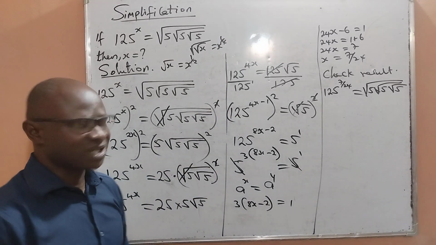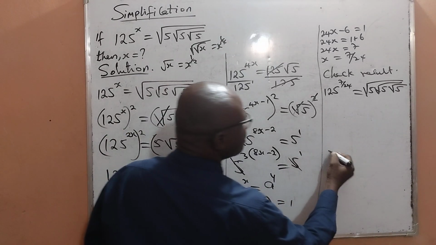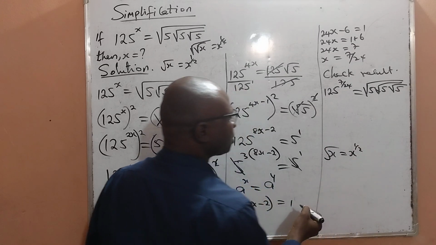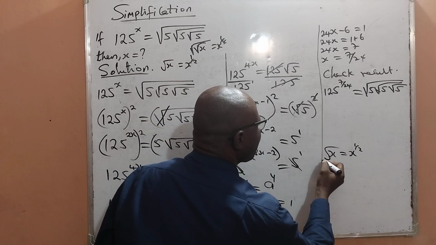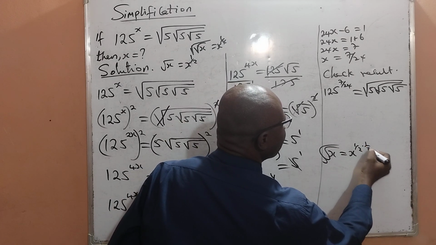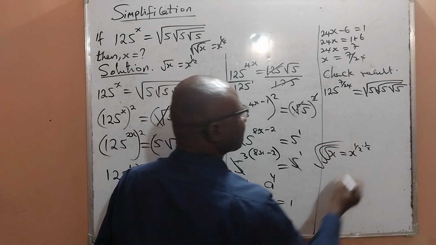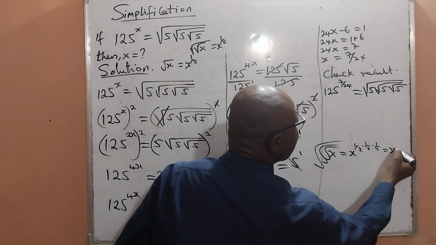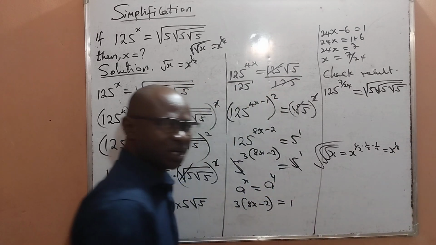What that means is that the square root of x is x raised to the power 1 over 2. Then, on top of it, I have another square root, which is the same thing as multiplying by 1 over 2. If I do it for the third time, it will be multiplied by 1 over 2, and that will give me x raised to the power 1 over 8.